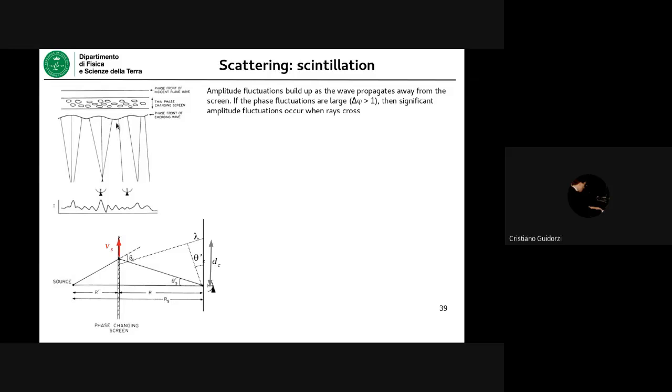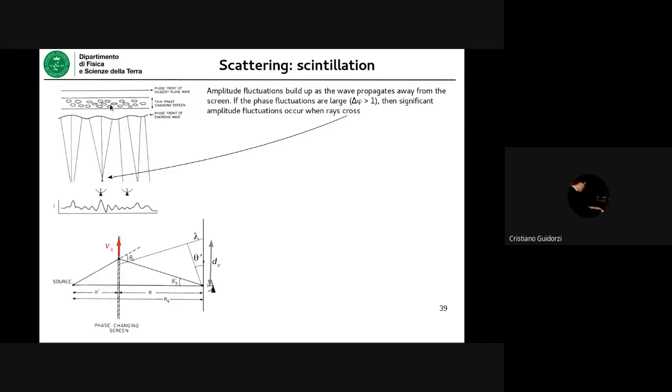Of course, given that these rays have an angle between themselves, which has been already determined, there will be a minimum distance below which all these rays cannot come together. So it depends on both the angle theta s, which you already calculated, but also on the minimum size in the screen.